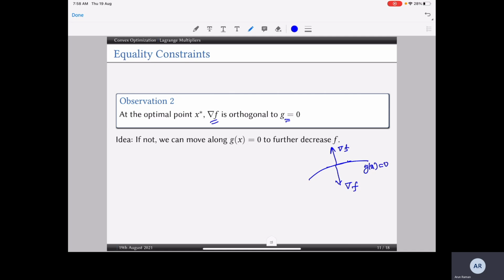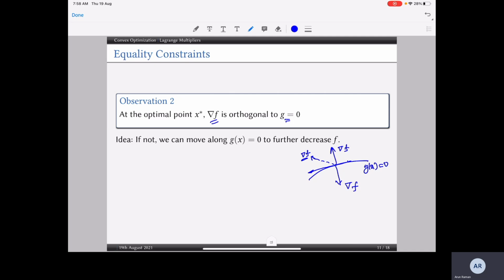The main idea is that if it does not point in the orthogonal direction, suppose it points somewhere here, then we can resolve this particular gradient direction in two components. First is tangential to g and the other is perpendicular to g.